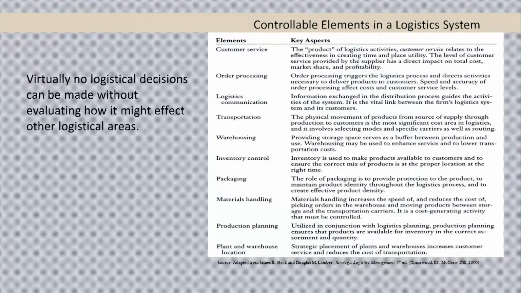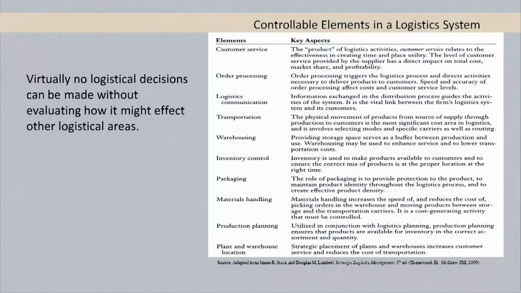All these are integrated in the SCM. So, virtually no logistical decisions can be made without evaluating how they might affect the other logistical areas, because it is understood now very clearly that this entire system operates like an ecosystem.